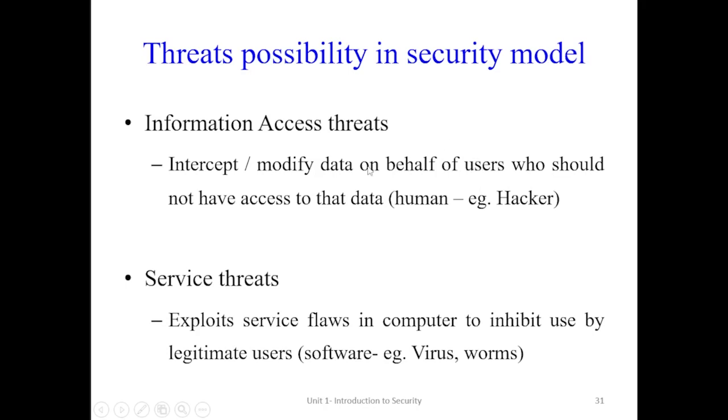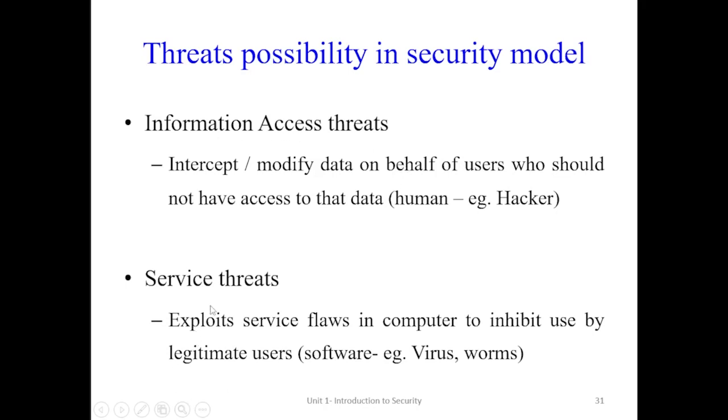An unauthorized person may be able to alter a few pieces of information in the original data, and that unauthorized user does not have the right to access that particular data. This type of threat is done by a human being. An example of an information access threat is a hacker. If any hacker makes threats, those types of threats are called information access threats.